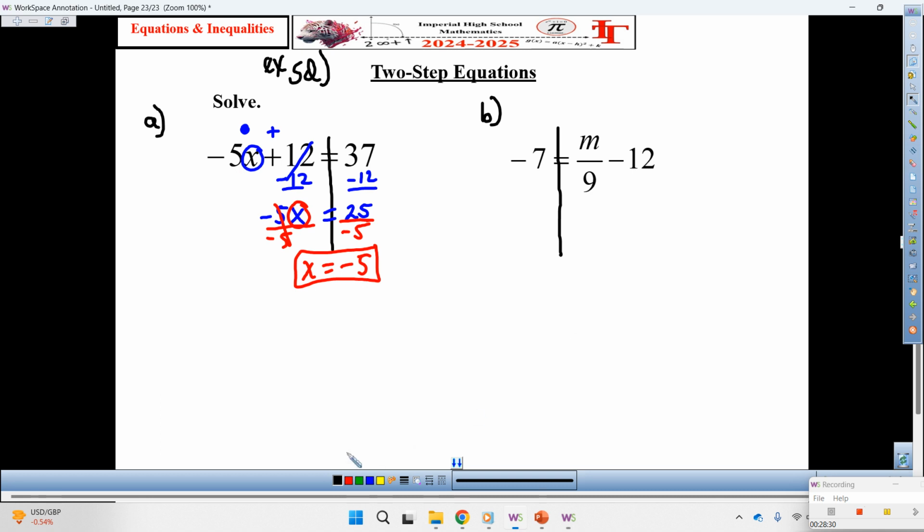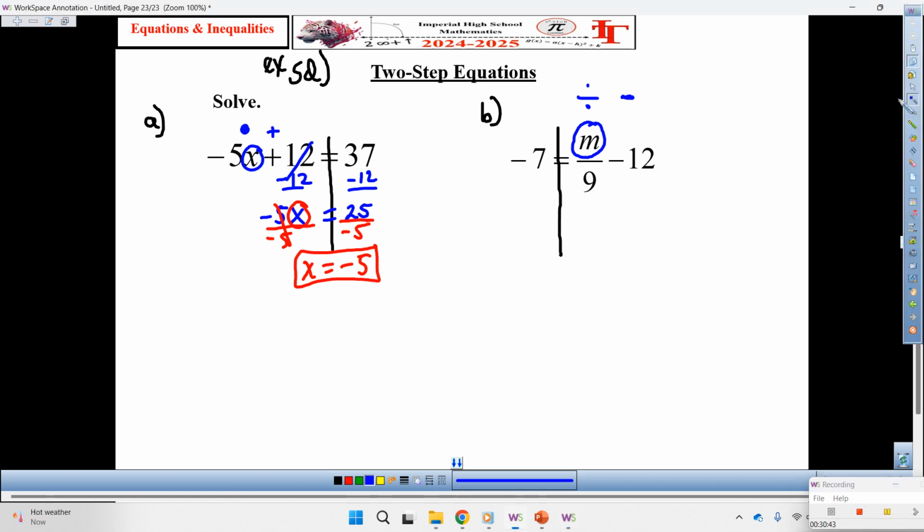Circle your variable. So we have the 9. What is the 9 doing? So put a little division sign so you remember that that's the operation happening there. What else do we have? Subtraction. All right. So you know where to start and then go from there. Go. Finish it off, please.